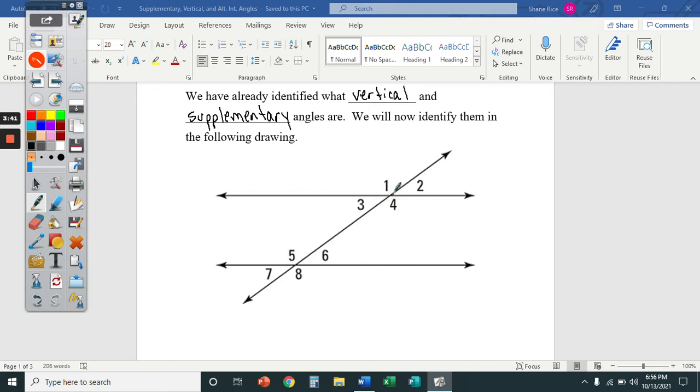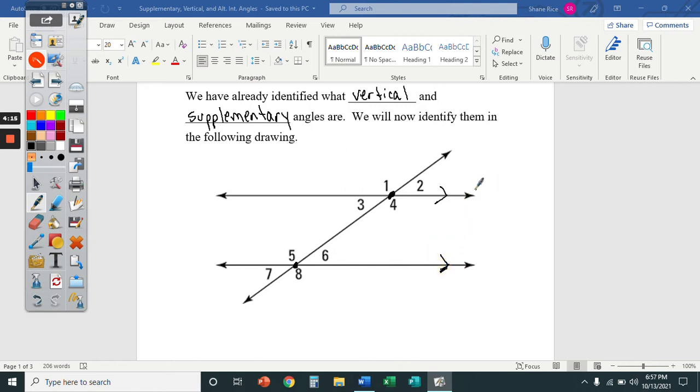So we know that vertical angles are across from each other at a vertex. And I've already told you that a vertex is where 2 or more lines cross or interconnect, however you want to say it. Now they're not drawn, but I could put 2 dots here to remind myself there are 2 vertices here. This line crosses the 2 parallel lines, which is usually shown by double arrows on one end or the other.